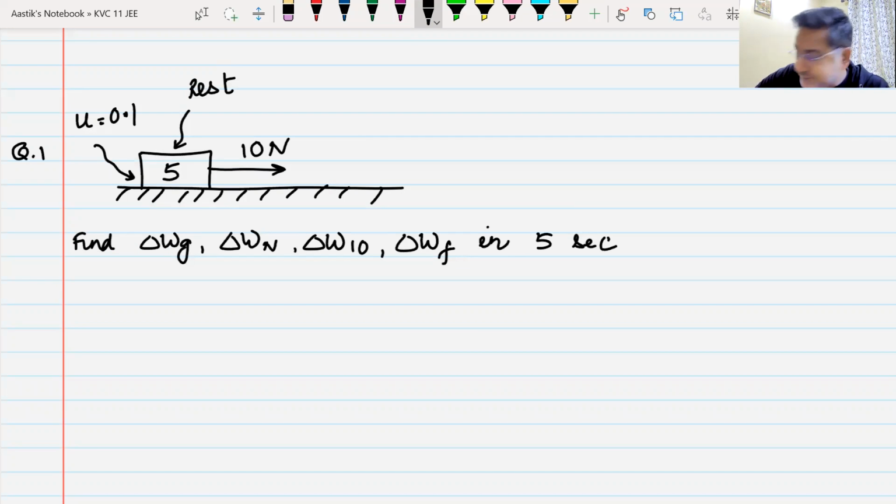Now we have friction coming into the picture. A block is at rest. I apply a force of 10 newtons. Find out the work done by all forces in 5 seconds, and you have 2 minutes to do it.